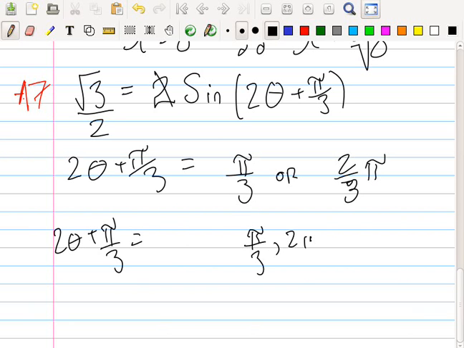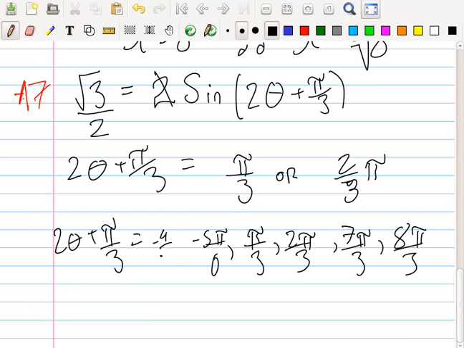So let me add 2 pi. So that would be 7 pi over 3. And that one would be 8 pi over 3. And then if I subtract 2 pi, minus 5 pi over 3, and then subtracting 2 pi again, minus 4 over 3 pi.